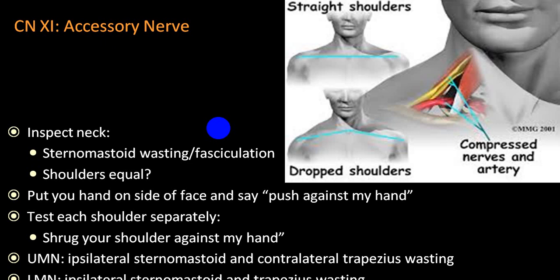You will see the right side sternocleidomastoid becoming prominent. If this movement is affected, that side sternocleidomastoid is damaged. Function is poor. And when you ask the person to shrug the shoulder against pressure, you are testing the trapezius muscle. So in upper motor neuron lesions, there is ipsilateral sternocleidomastoid and contralateral trapezius wasting.